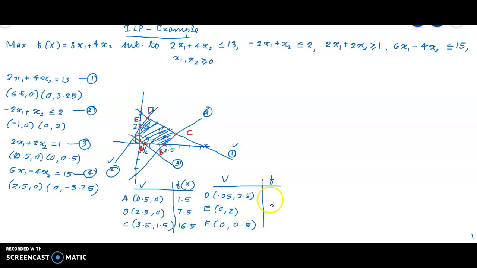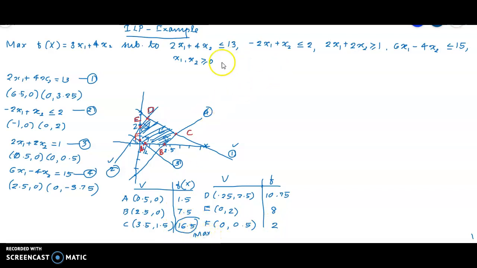Then 3 into 0.25 plus 4 into 2.5, here at D the value is 10.75, and at E, 4x2 is 8, at F, 4 into 0.5, that is 2. Then we can see the maximum here at 16.5.